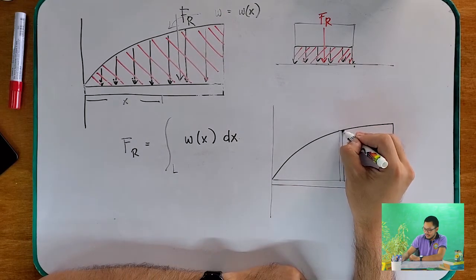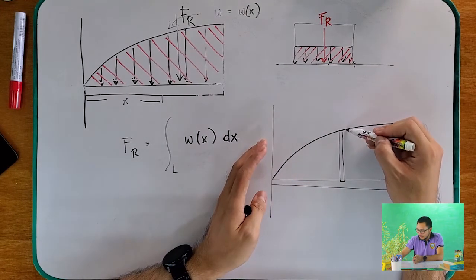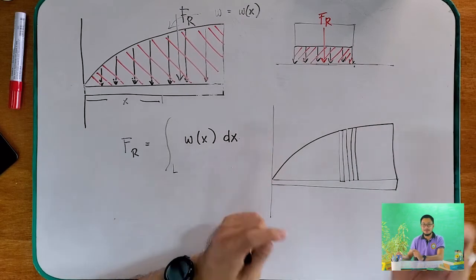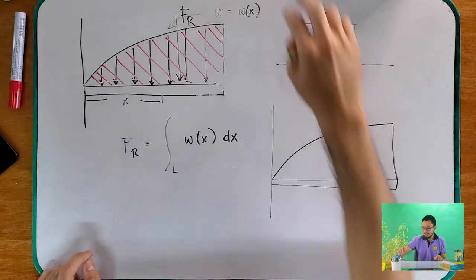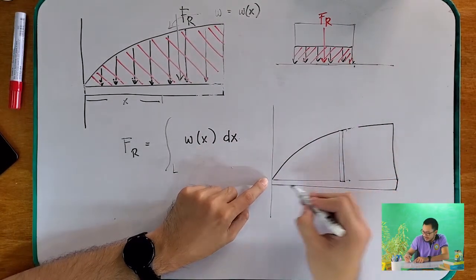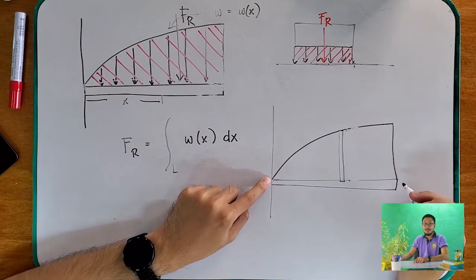Diba? This is your differential element. And this one is composed of many differential elements. Daghan nga mga rectangle, pero nagpili lang ta og isa. Okay? And to get the area of this curve, all we have to do is to sum all the rectangles from here to here. Diba?